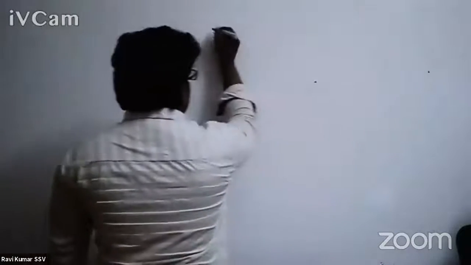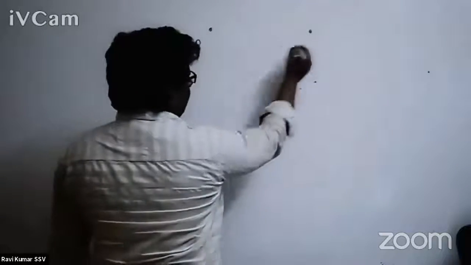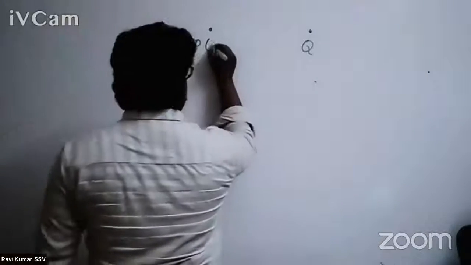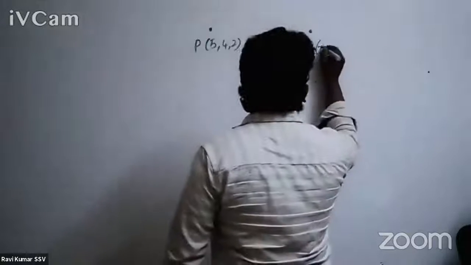Find the coordinates of the point which divides the join of the points. Two points are joined together: P and Q. P is (5, 4, 2). Q is (-1, -2, 4).